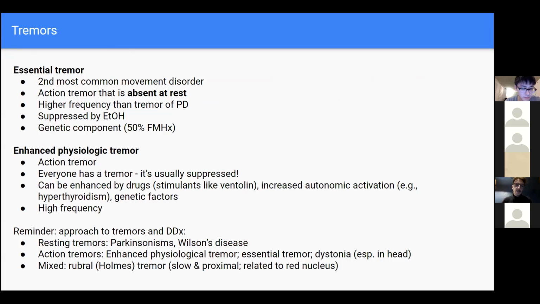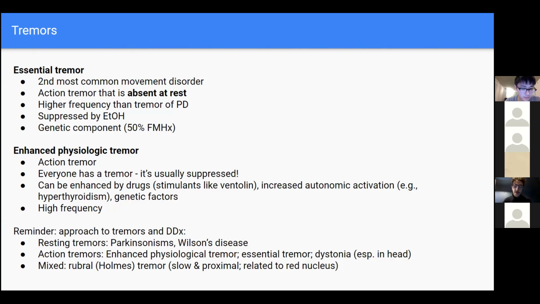Essential tremor is actually the second most common movement disorder after Parkinson's disease. It's an action tremor, meaning it's absent at rest. It's higher in frequency than the tremor of Parkinson's, so it's faster. The key historical clue to essential tremor is that it's suppressed by alcohol consumption, whereas you won't get that in physiologic tremor.